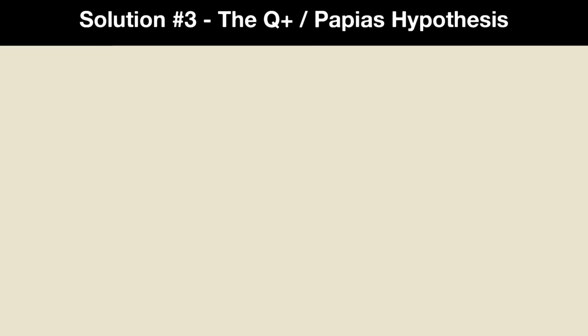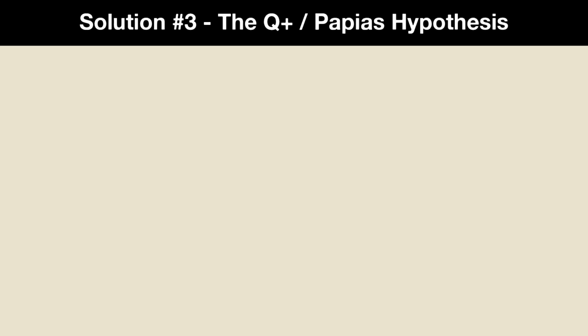The last solution we're going to look at is a bit of a wild card. It's the most cutting-edge solution and therefore does not currently have widespread acceptance. It's called the Q plus Papias hypothesis and was put forward by a professor named Dennis MacDonald.